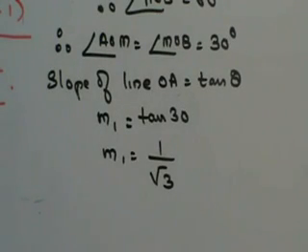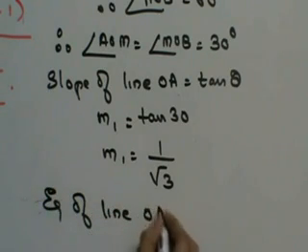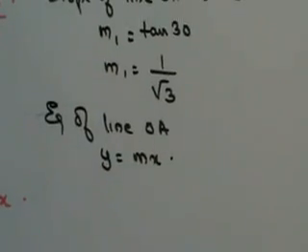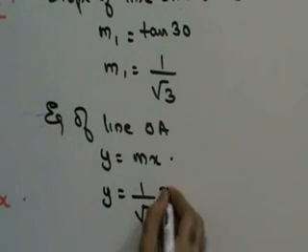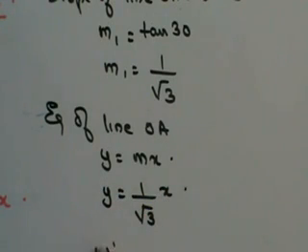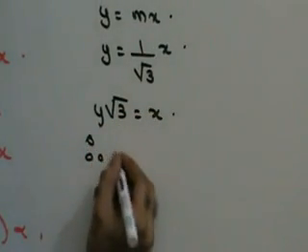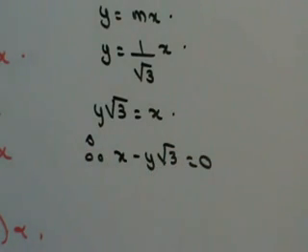Since OA is a line that passes through the origin, equation of line OA is going to be y is equal to mx. So I'll get y, slope we found out as 1 upon root 3 x. So you will get y root 3 is equal to x. Therefore x minus y root 3 is 0. That will be equation of line OA.